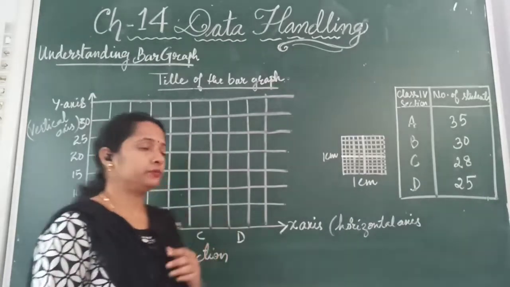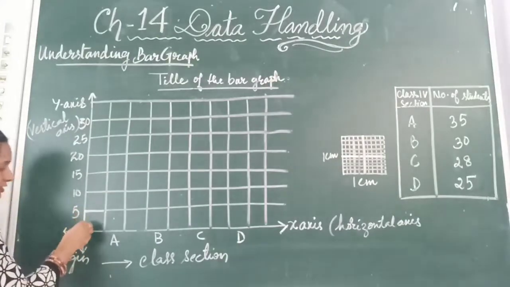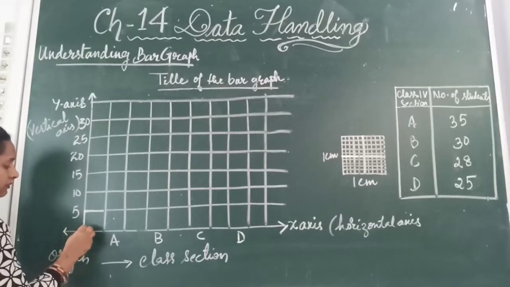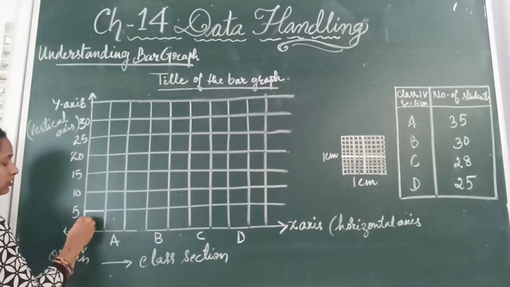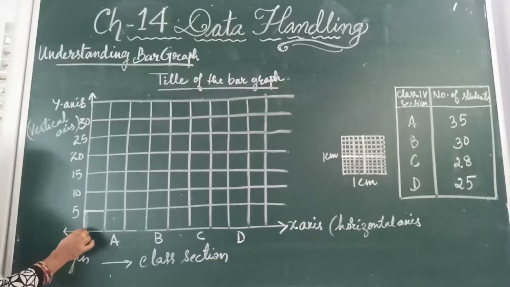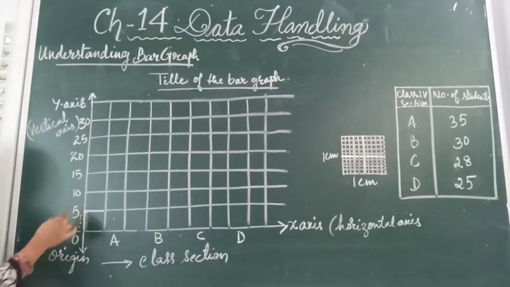Each centimeter on this particular graph is divided into 10 equal divisions. So, though we have marked here 0 to 5, there are a total of 10 divisions here, and every 2 divisions will be considered as 1, then 2, then 3, then 4, and this will be the 5.